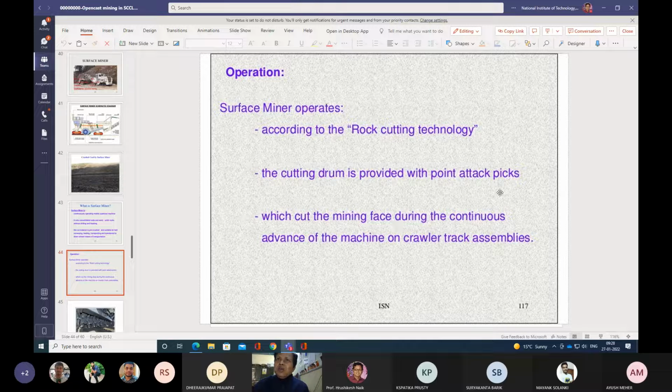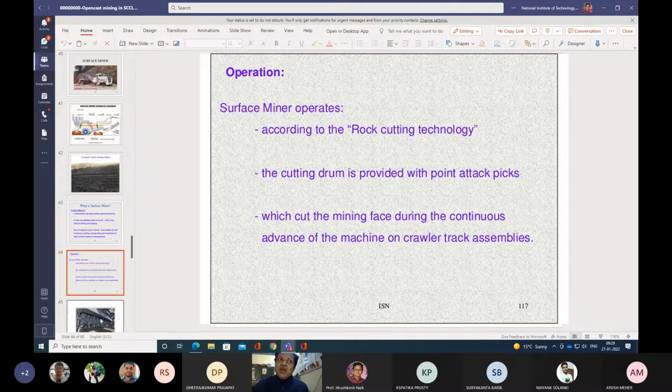This drum and picks cut the mining face during the continuous advance of the machine on a crawler track assembly. The machine moves from one place to another, and during its movement, it cuts the mining face. So this is the mechanism of surface miner technology.